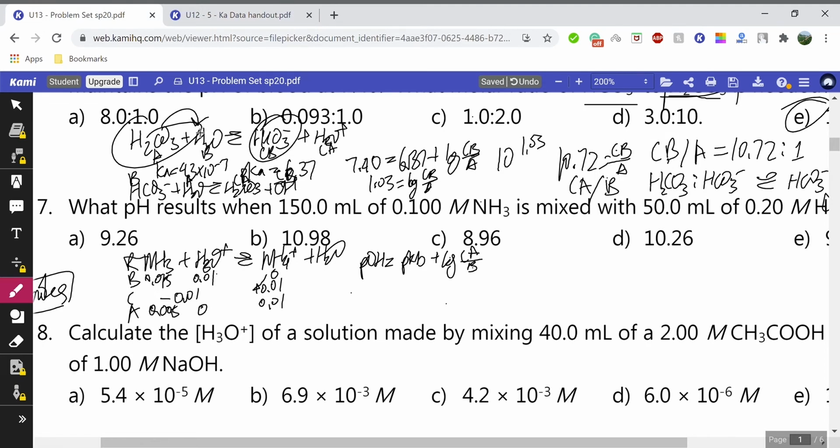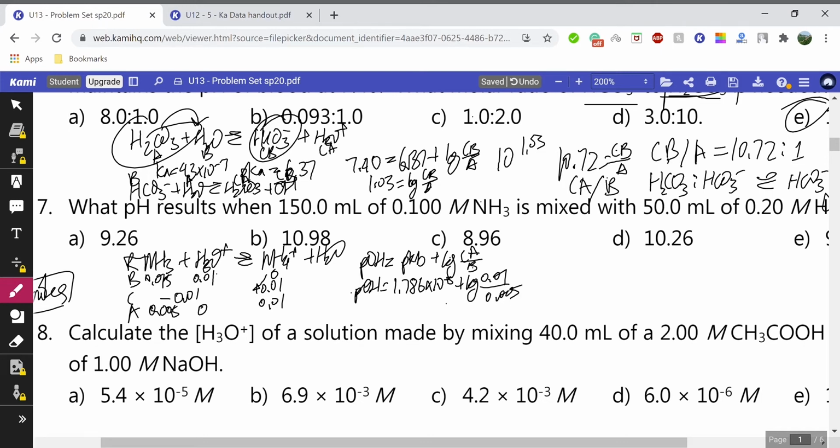So 1.0 e to the negative 14th divided by 5.6 e to the negative 10th power will give you 1.786 times 10 to the negative 5th power, plus the log of Ca divided by Cb, which is conjugate acid NH4, which is 0.01, divided by base, which is 0.005.